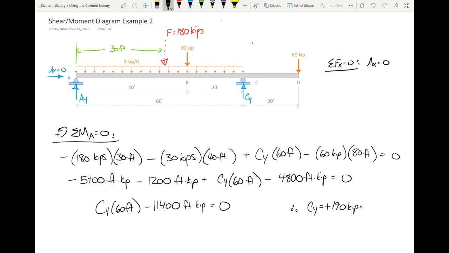And when we say positive, just as Mr. Ashworth said, that's 190 kips going up, okay? All right, so that's one of our reactions right there, 190 kips going up. Anybody got any questions on that?